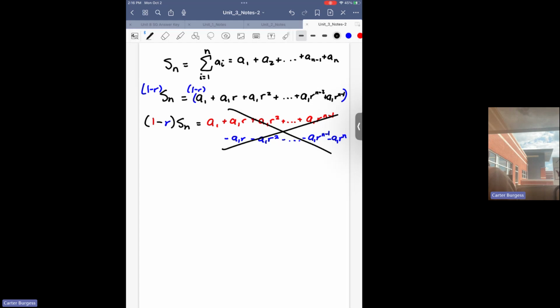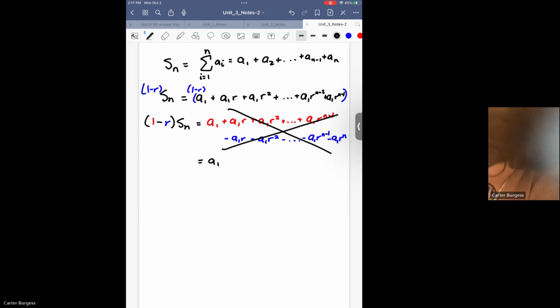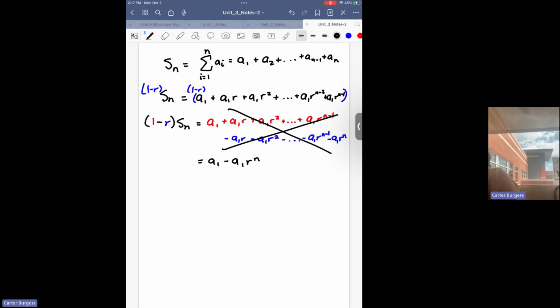A sub 3 cancels with negative r times a sub 2. A sub 4 cancels with negative r times a sub 3. And so the only things that are left are that first term a sub 1 and the very last term that I'm left with after multiplying by negative r, which is negative a sub 1 r to the power of n. All of my middle stuff cancels out here.